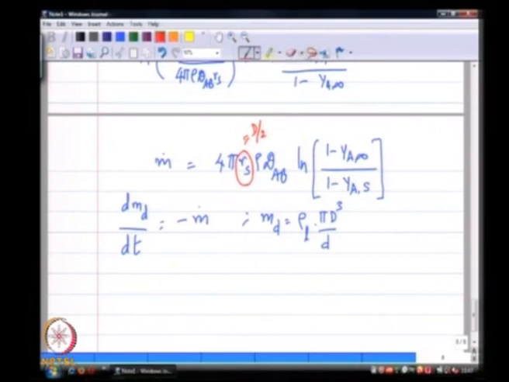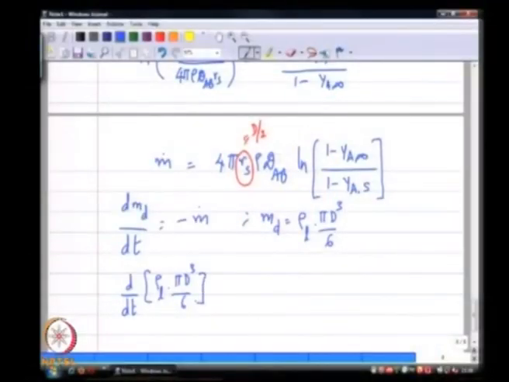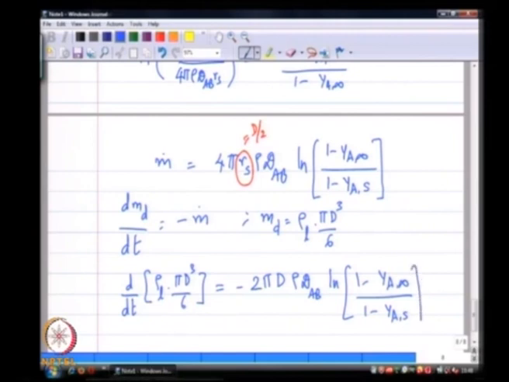So, if I now substitute what I have for m dot into this equation here for M_d, what we find is that d dt of rho L times pi d cubed over 6, which is the volume of a sphere of diameter d, is equal to, essentially, 2 pi d rho times the diffusivity times log of 1 minus Y_A infinity, and I want to integrate this in time.